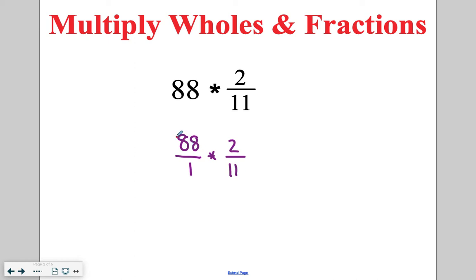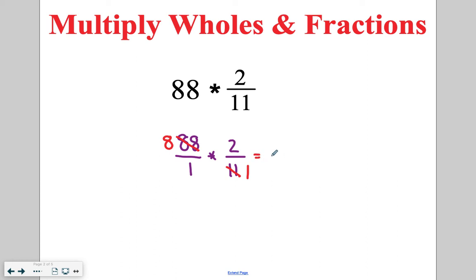So 88 divided by 11 means 88 turns into the number 8. And 11 divided by 11 means the 11 turns into a 1. Then we check, can 2 and 1 be divided by the same number? No. The only number they can be divided by is 1, so we can't reduce those anymore.